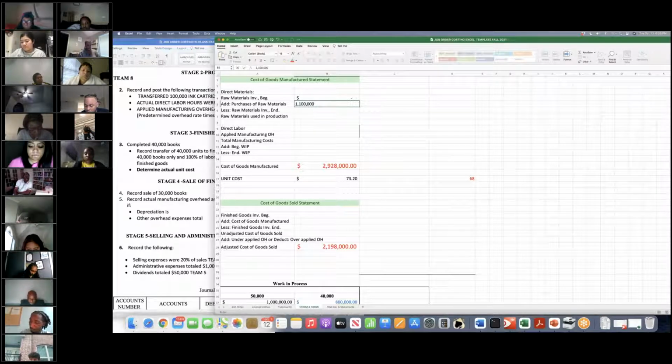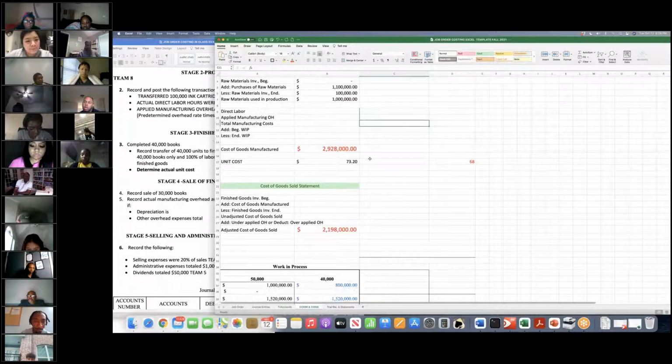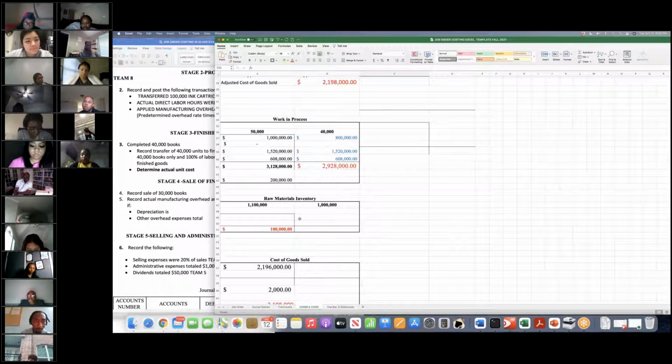The ending raw materials is 100,000. So the raw materials used in production is $1 million. So you get the top part of this from the raw materials T account, and then here's the $1 million in here.